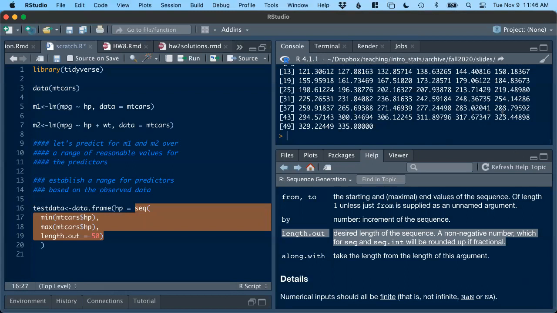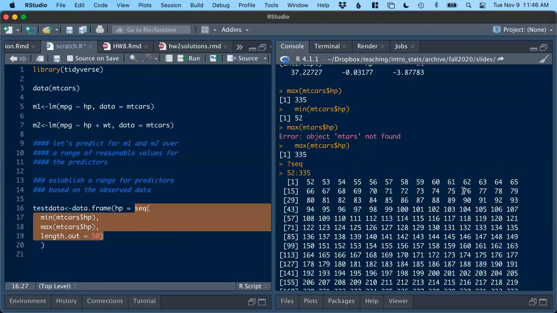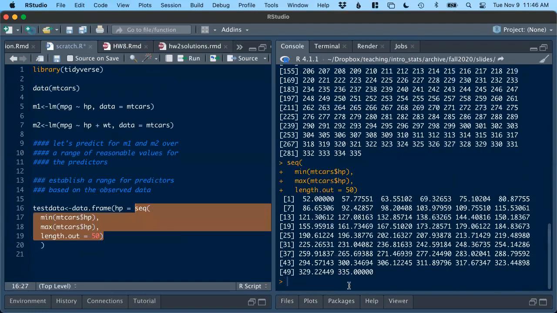Effectively it's going to go, okay, the maximum was 335, so 335 minus 52 divided by 50. That's going to be the step length, because I'm telling R I want you to make a vector that goes between these two values with equal steps that's 50 long.